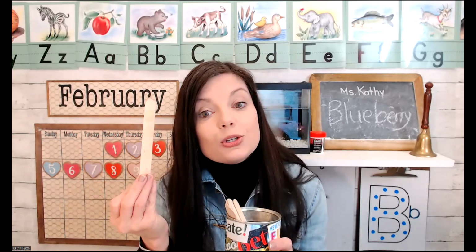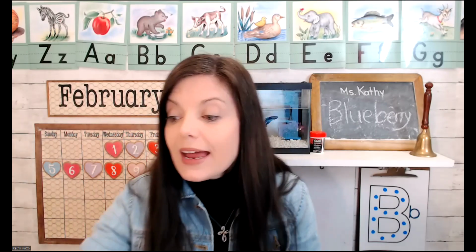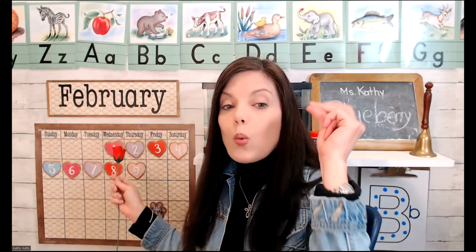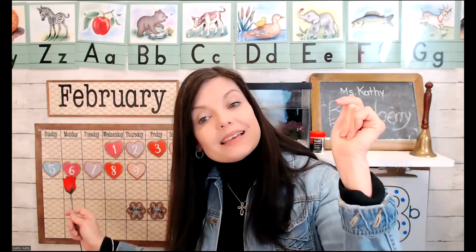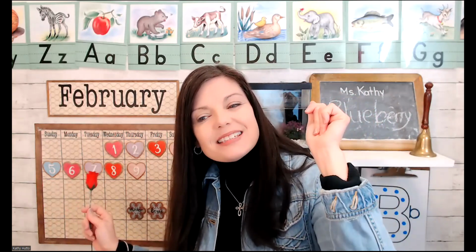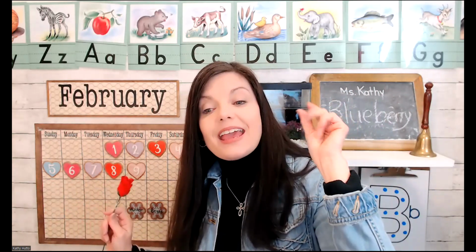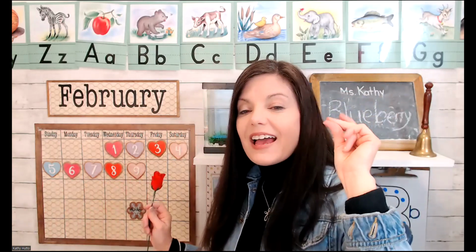It says we're going to snap our fingers. Do you know how to snap your fingers? Okay, here we go. 1, 2, 3, 4, 5, 6, 7, 8, 9, 10.